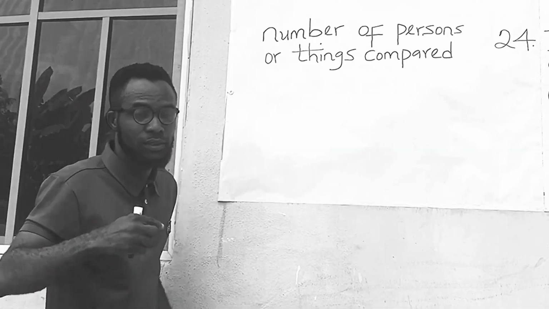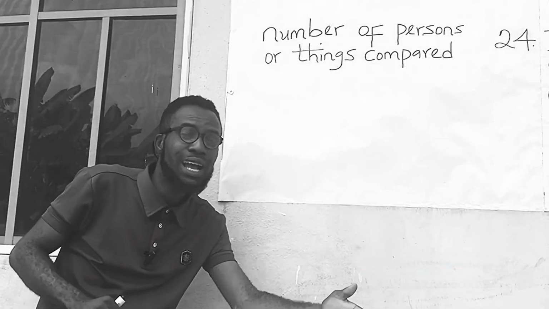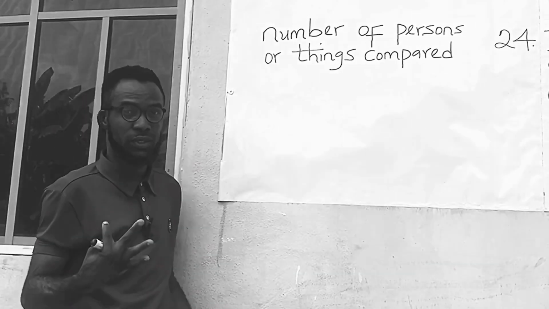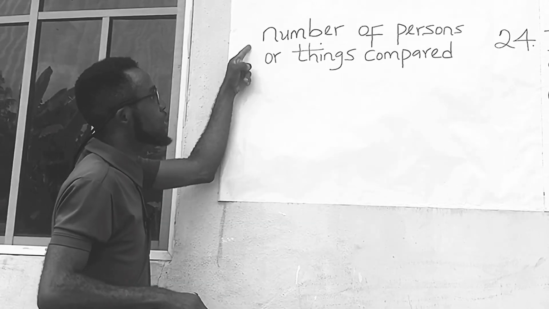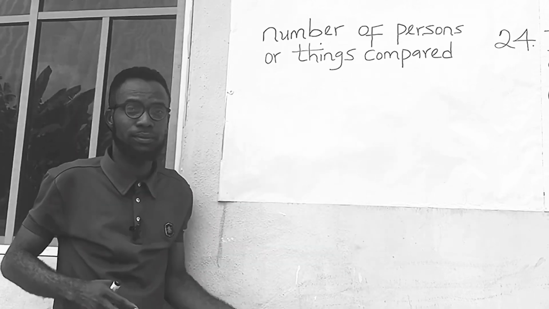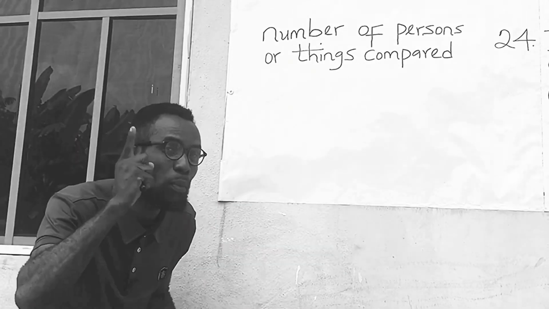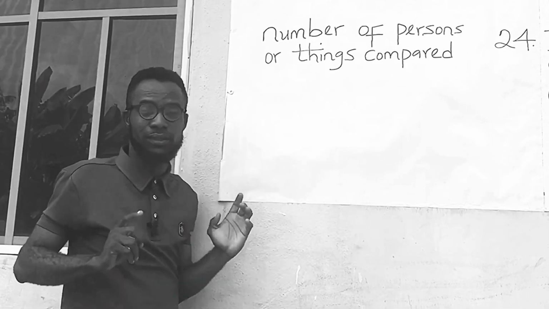Whenever a question wants you to choose between comparative and superlative adjectives, all you need to do is check the number of persons or things compared in the question.